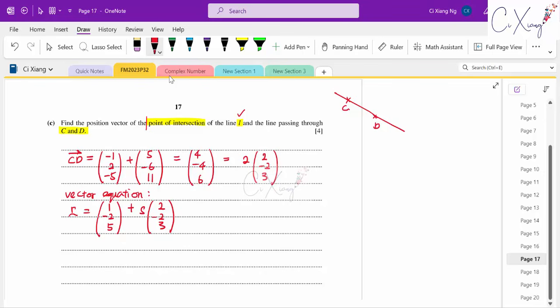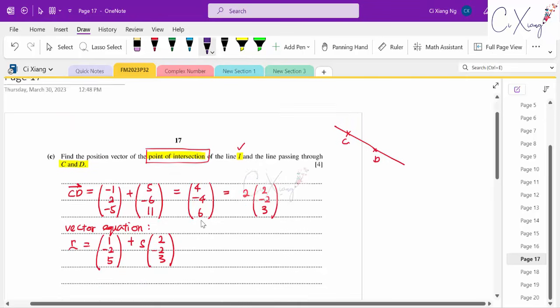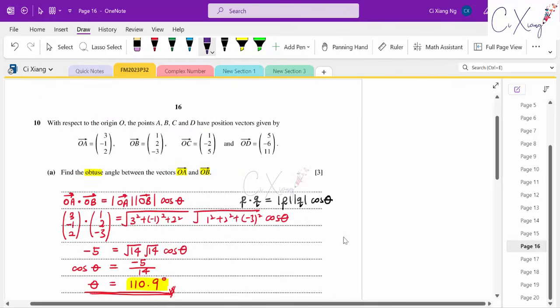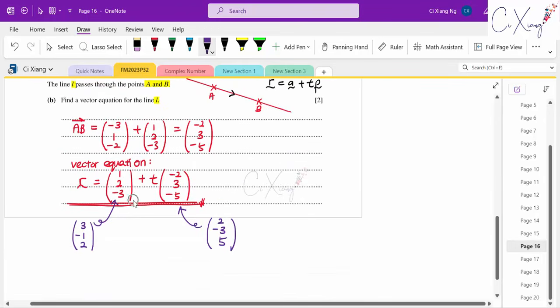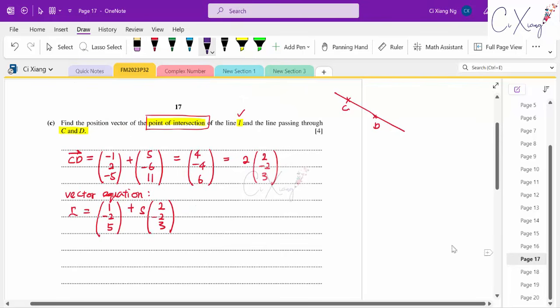If I want to find the point of intersection, I need to solve the two equations simultaneously. According to what we learned previously, when we want to find the intersection point between two lines, we need to solve the two lines simultaneously to get the coordinates. Same thing here. The vector equation that we have in part B is this one. So we let this equation equal to the vector equation that we have here.